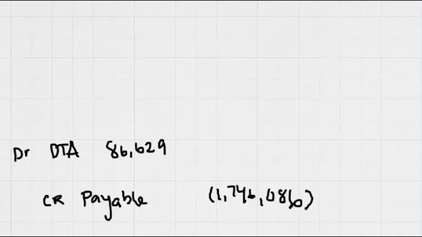Okay. And so now, in order to get our APIC entry right, we have to consider two things. First, the offset to the federal DTA for the award, and then the second is the federal effect on the state deferred. So remember when we previously calculated this amount here, this 86,629, we reversed out the 17,490, or the state deferred.